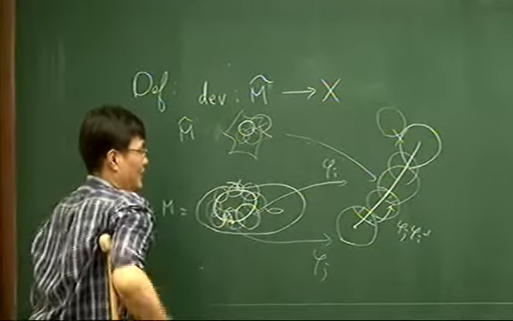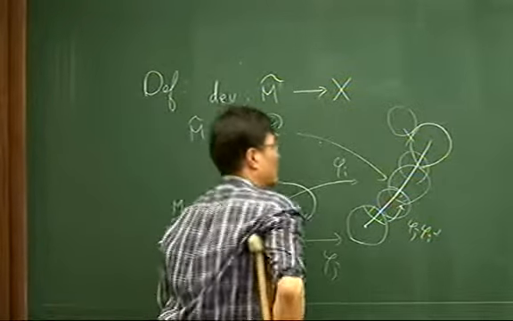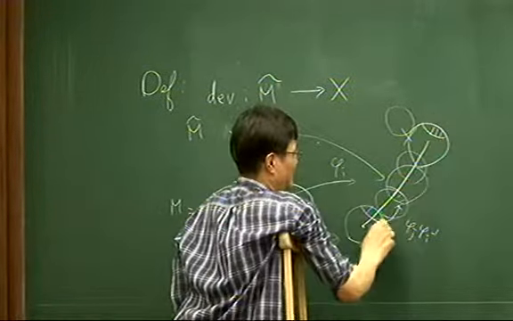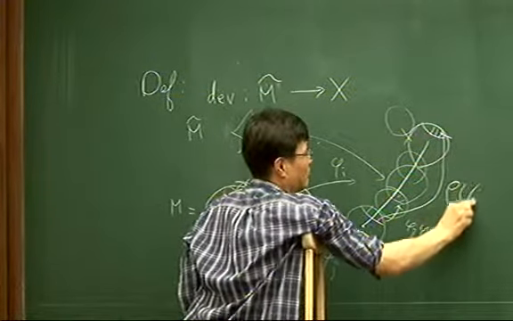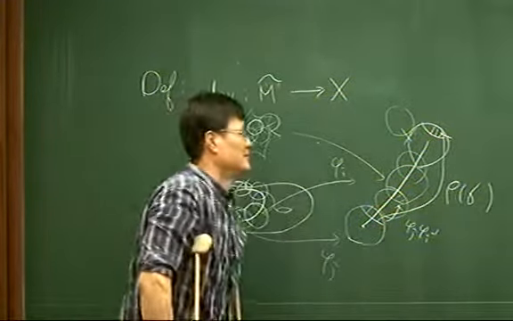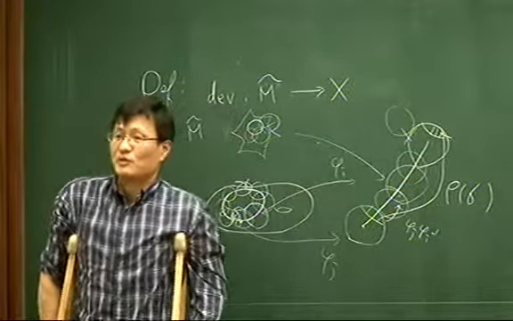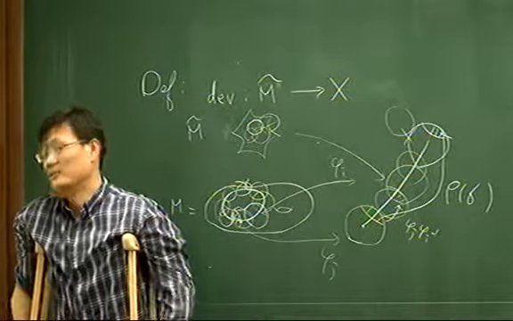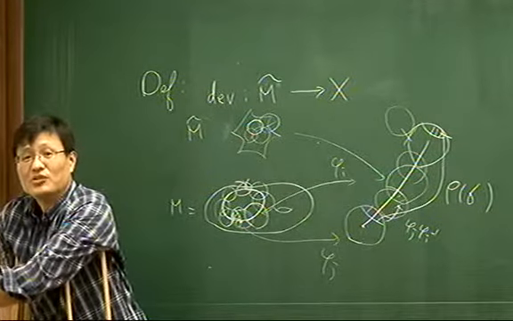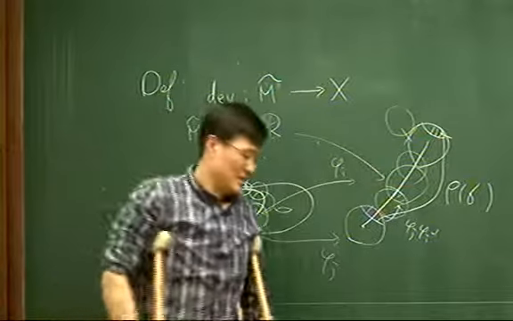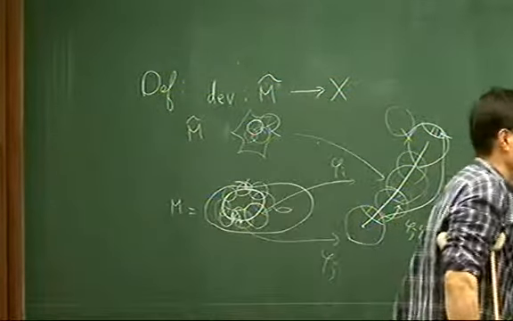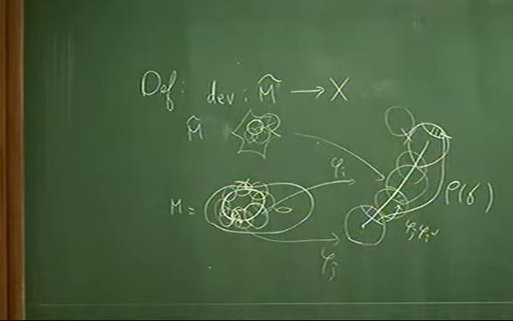But this overlapped image here corresponds to some element here, which I'll denote by rho of gamma. So for each non-trivial element in the fundamental group, you can associate an element in G. And you can check that this is a homomorphism.